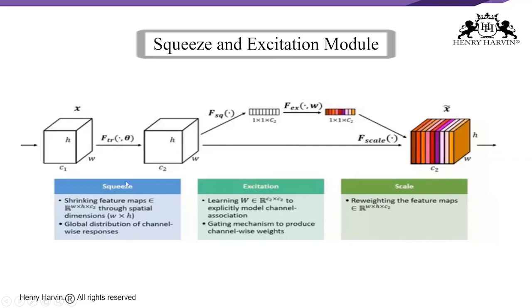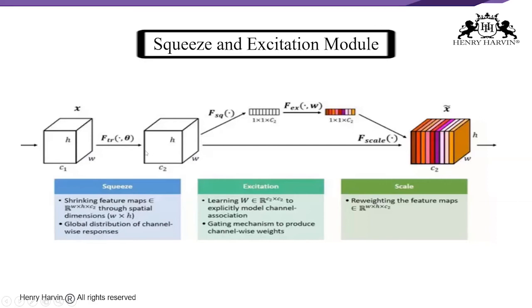Once you have C2, which is less than C1, it learns C2 weights, one for each channel, and then these get multiplied with the feature maps to give the final output, right?